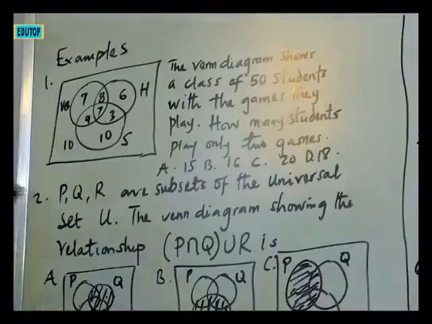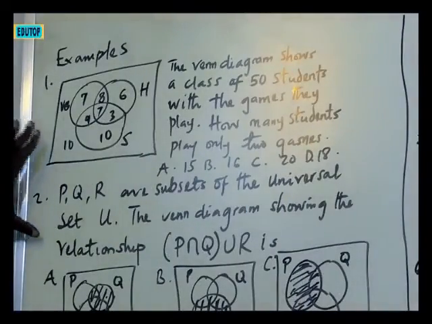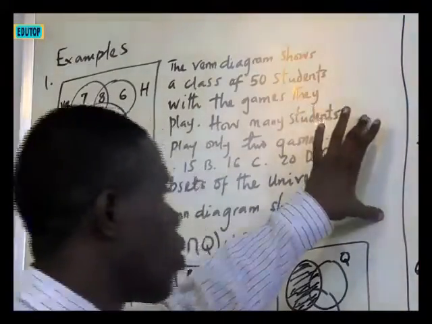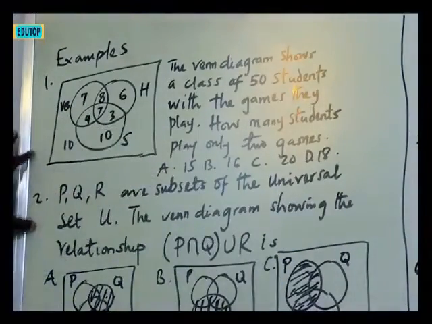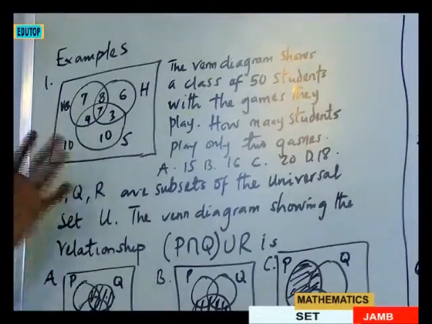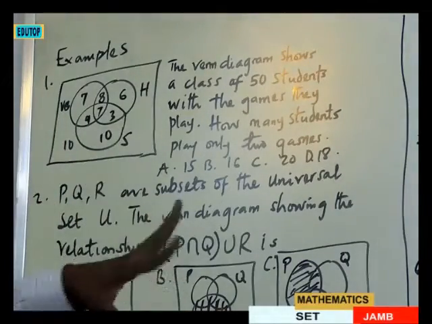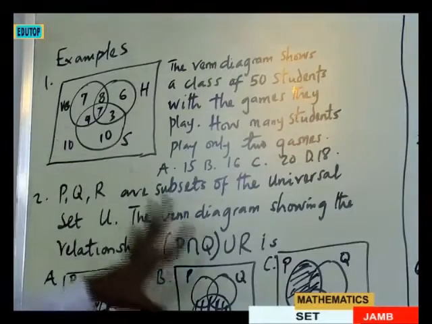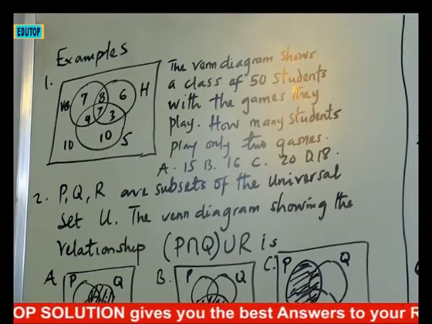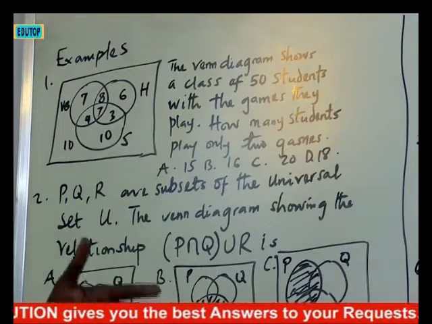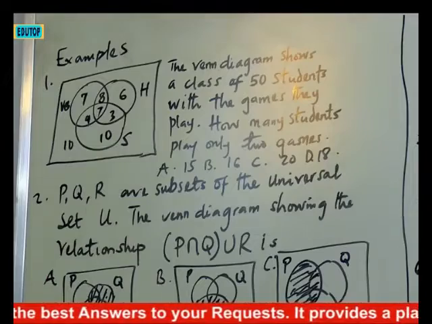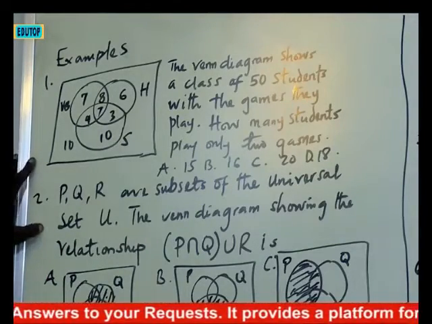These are examples of UTME questions. What we did was basically to bring back most of those questions in the UTME, and we use them as examples here, so as to get you familiarized with the different dimensions in which questions can be tested.